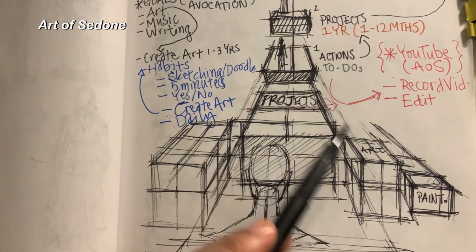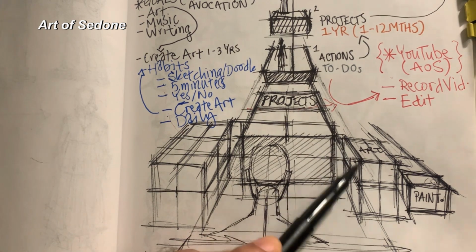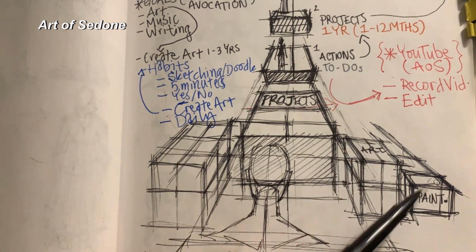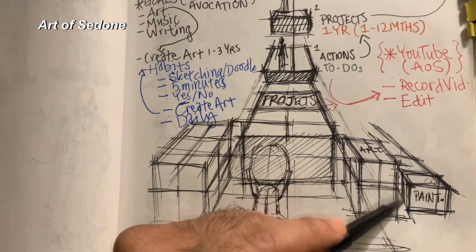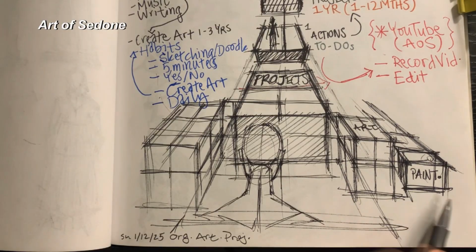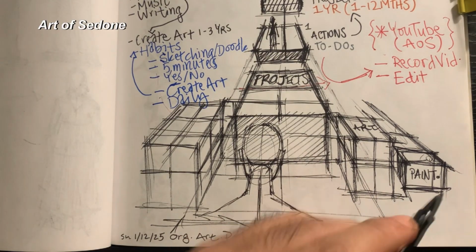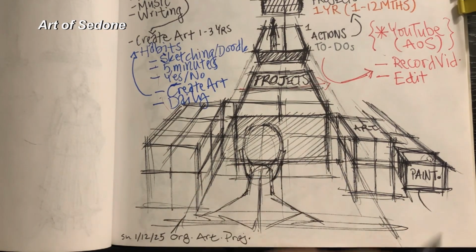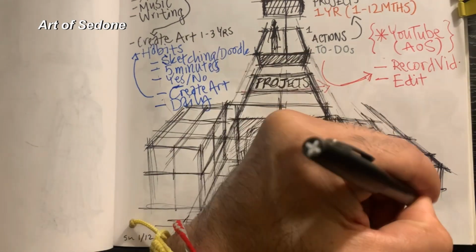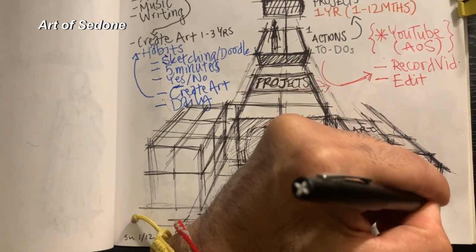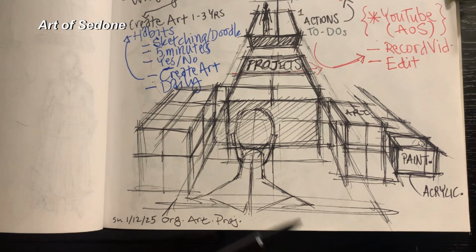So projects, and then art is a kind of project, and then painting is a kind of art project. And then within that would be acrylic painting. Within that could be several acrylic paintings. For now, I just have that one, and I'm just going to keep it that way.